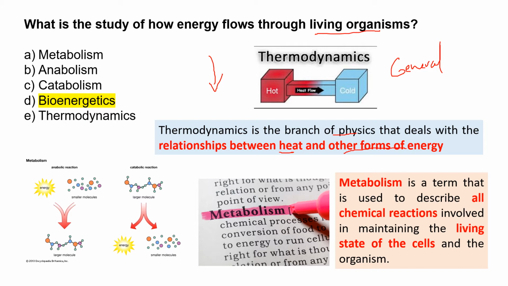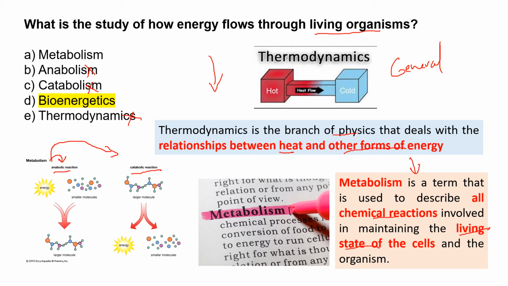Here we talk about the two types of metabolism: metabolic pathways, anabolic reactions, and catabolic reactions. So definitely this one, and this one is not correct. And here you have the definition of metabolism, which is all the chemical reactions involved in maintaining the living state.